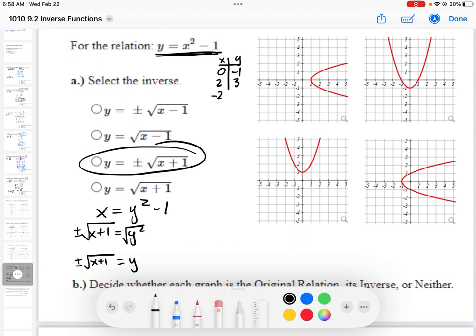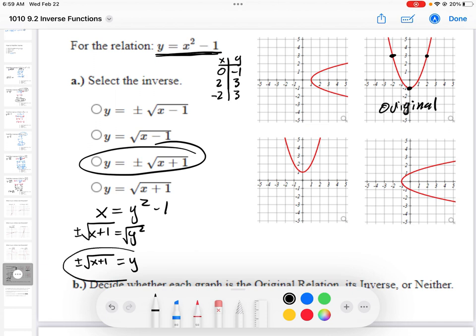But also negative 2 gives you positive 3, because negative 2 squared is 4, minus 1 gives you 3. And if we look at the graphs, it looks like this is the only graph that has all 3 of those points on it. So this would be the original function.